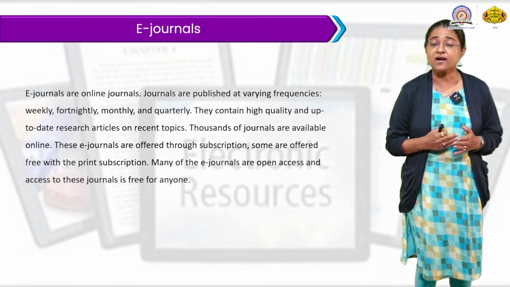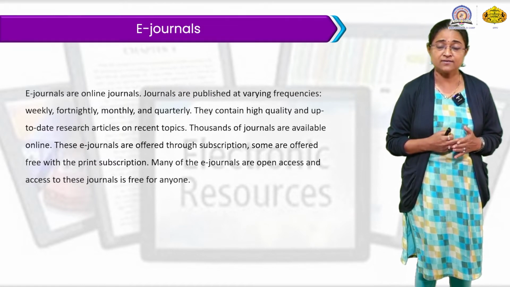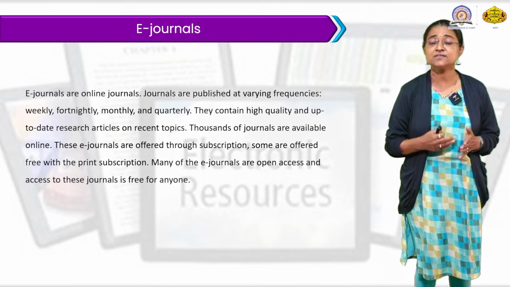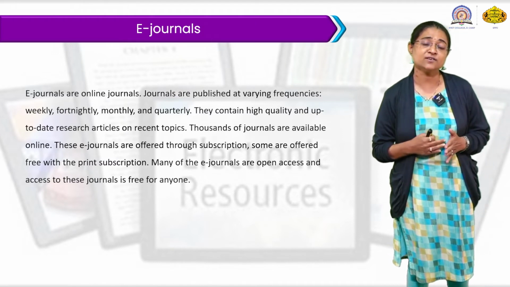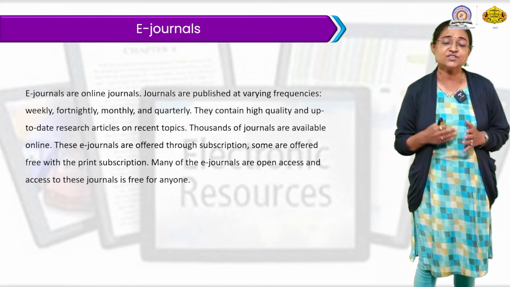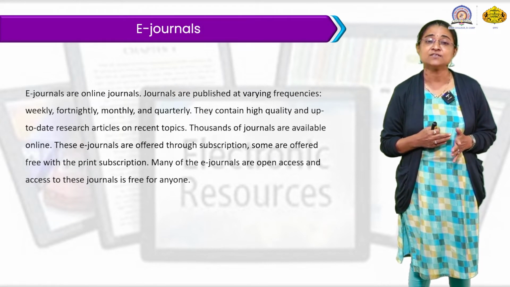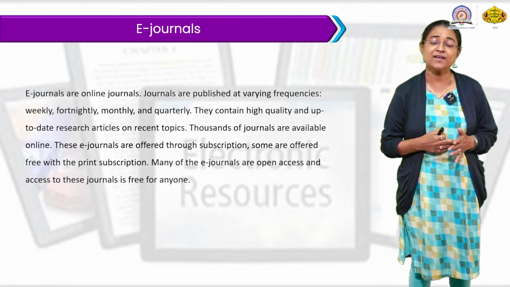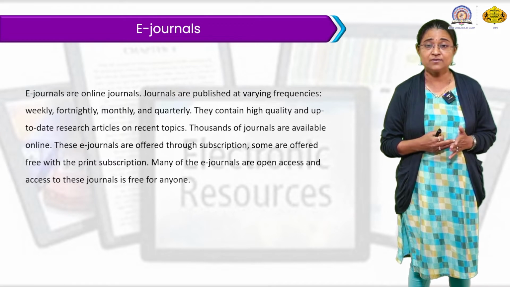Each and every library can't have access to each and every journal and magazine. It is not at all possible for any library to subscribe to every journal because of budget cuts, shelf space and other problems. Whereas e-journals are available online.